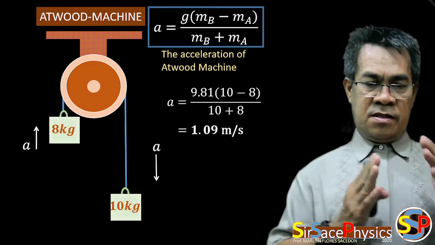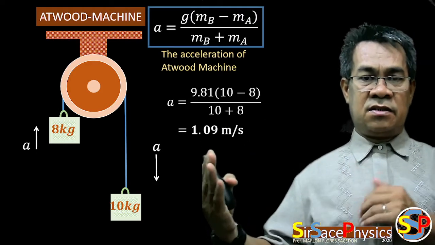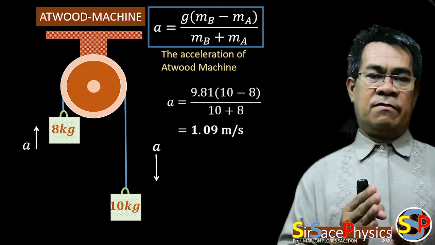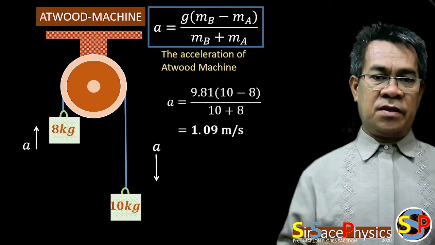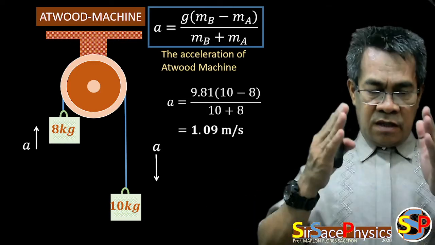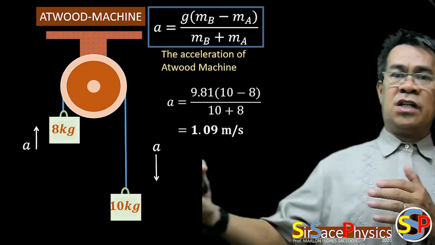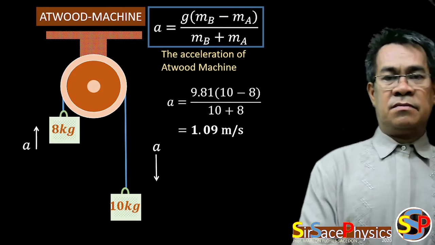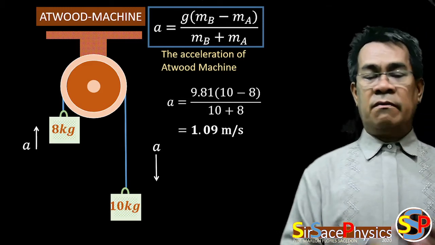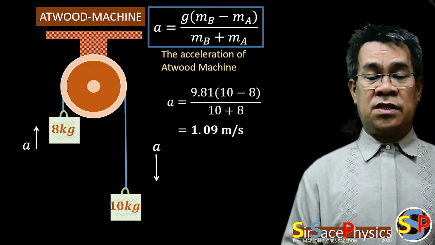If you know the acceleration, almost everything can be solved. Given the acceleration, you can use the kinematics principle and the dynamics principle, so for any available given data, you can use it.